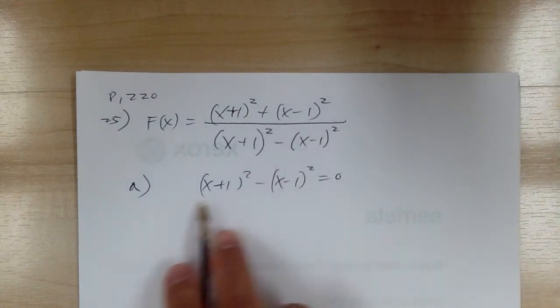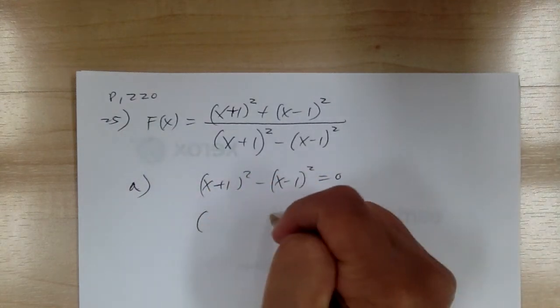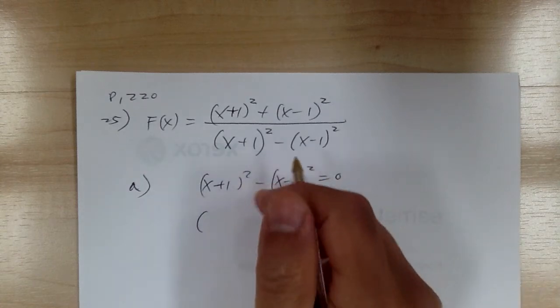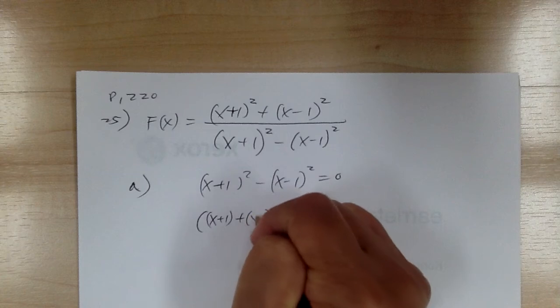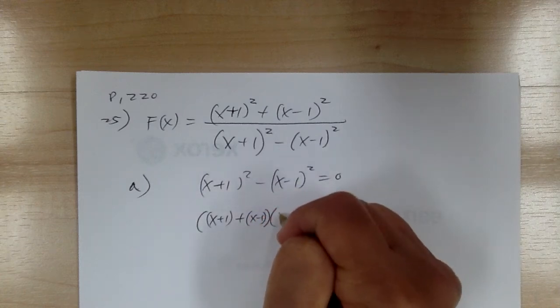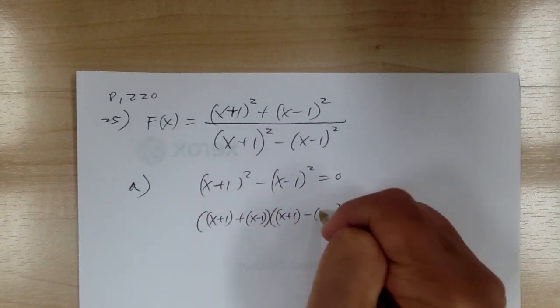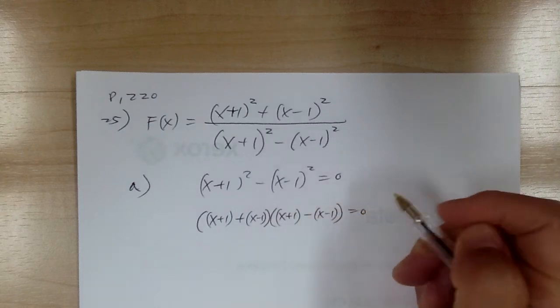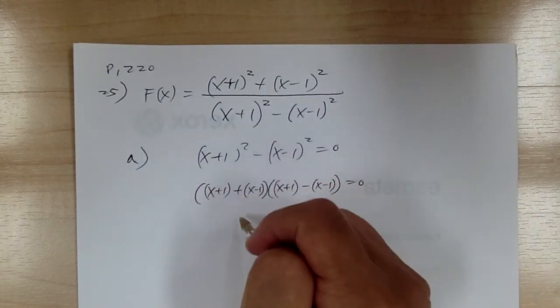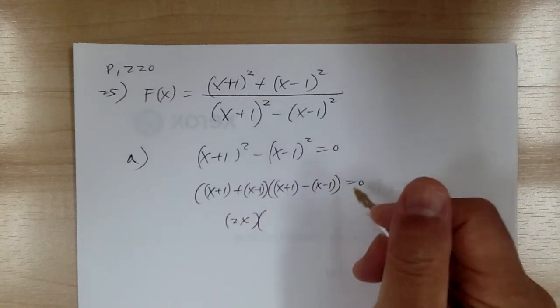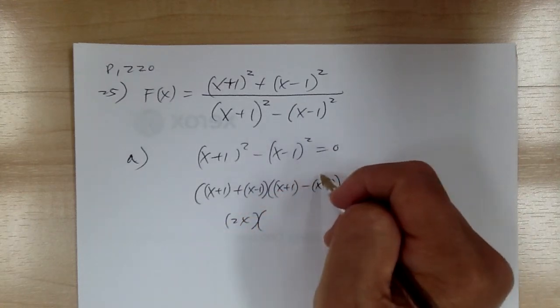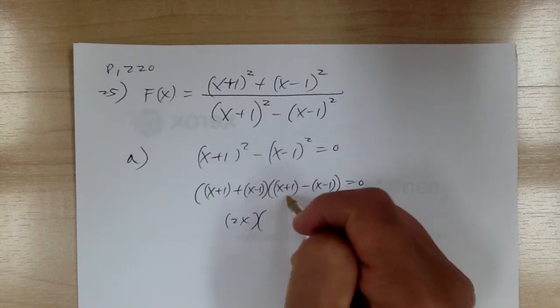Now notice this is a difference of squares, so you're going to get the first part plus the second part times the first part minus the second part. From here you're going to get 2x, and from here you have to be careful, you're going to get 2.